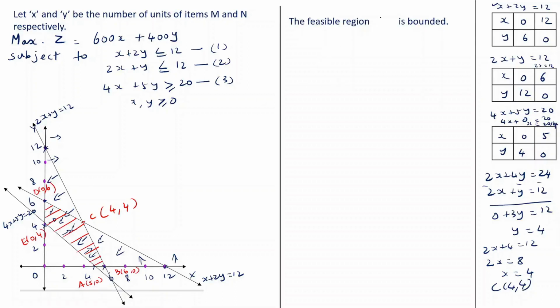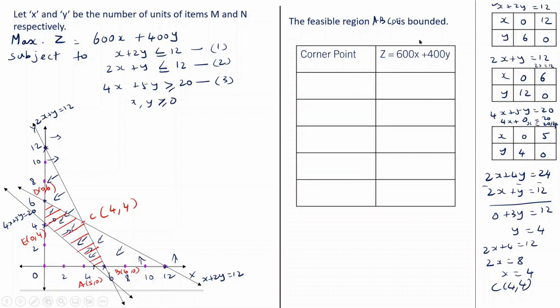So here the feasible region A, B, C, D, E is bounded. Now let us draw a table like this. So let us find the value of z at each of the corner points. So the corner points are A 5, 0, then B 6, 0, then C 4, 4, D 0, 6 and E 0, 4.